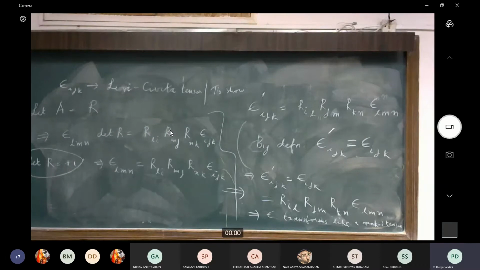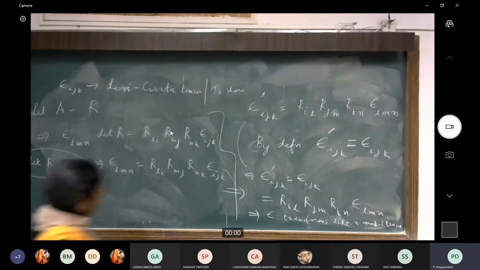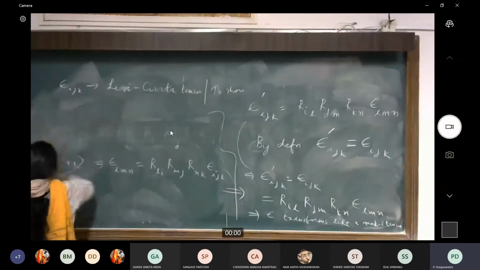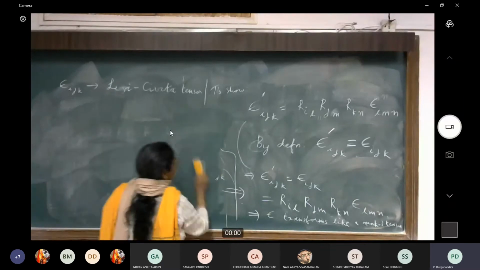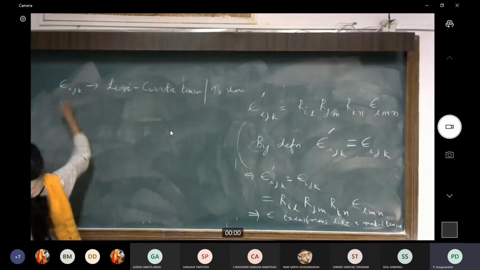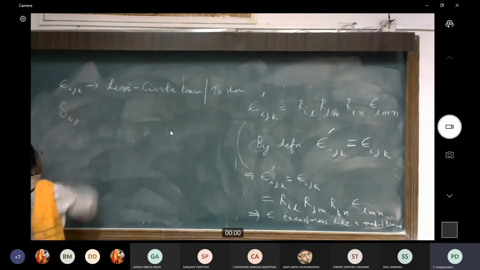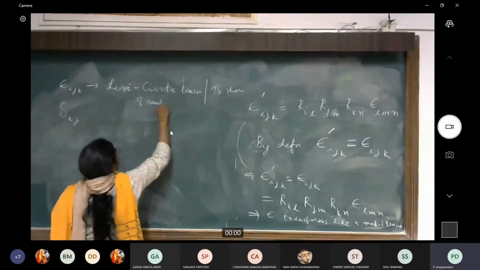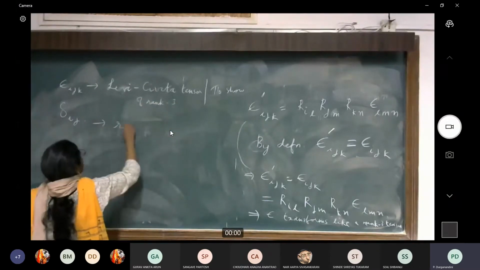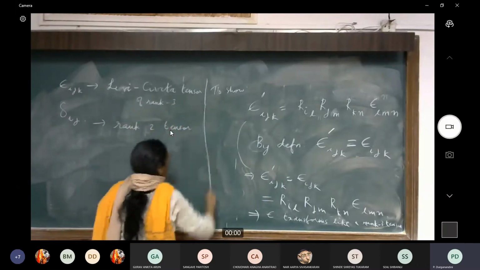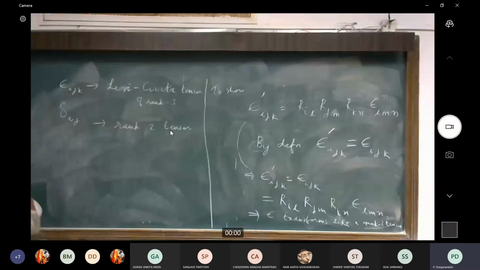So what we have got is these two nice objects, or we've introduced these two objects, delta and epsilon, whose components do not depend upon the basis you have chosen. So I have used these two objects, delta ij and this epsilon ijk. This is a tensor of rank 3 and this is a rank 2 tensor, both of which have components which do not depend upon which basis you have chosen.